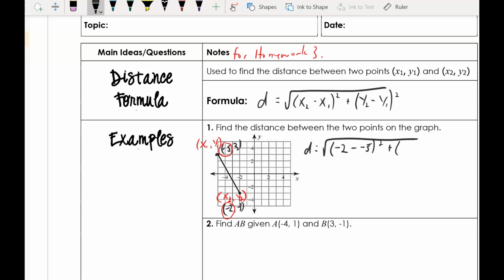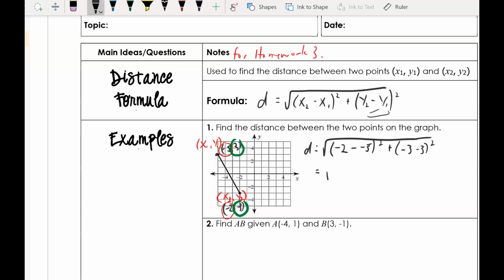Now I do the same thing with the y's: y2 minus y1 in the other set of parentheses, just like it says to do right here. So I have negative 3 minus 3 squared. Let's be careful, because that's not 0, that's negative 6 squared.